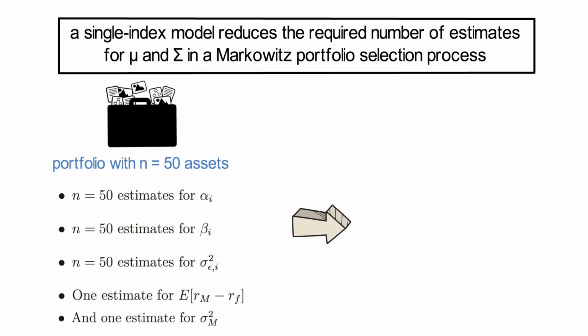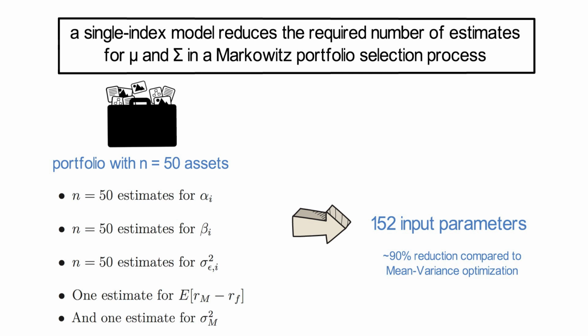In total, we would have to estimate 152 input parameters. That is still quite a lot, but it's roughly a 90% reduction relative to the 1,325 parameter estimates that a full mean variance portfolio optimization input list requires.